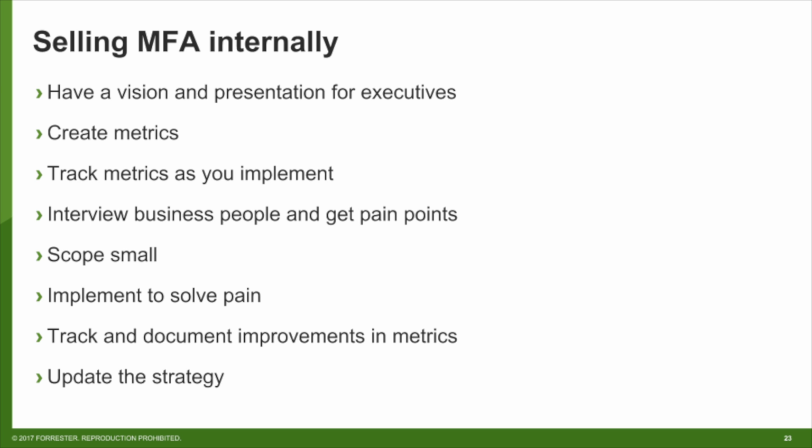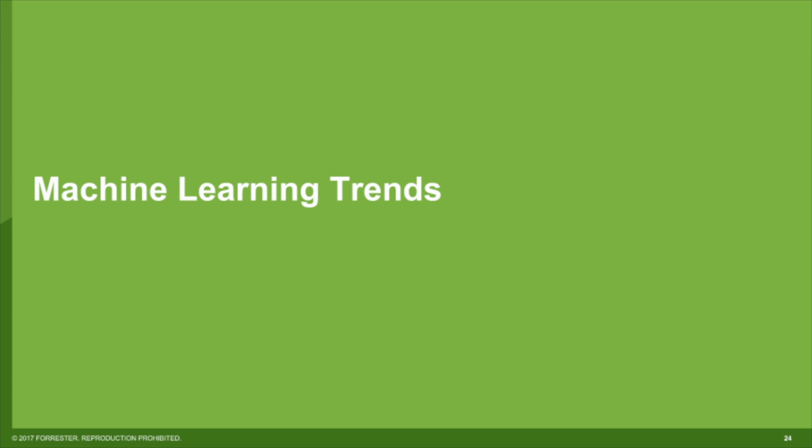So, in keeping with the theme of this webinar on machine learning, I want to just talk briefly about machine learning trends. This is a very high interest topic area across Forrester, not just in security and risk, and really no tech vendor presentation today is complete without discussion of machine learning, because this is a very key aspect for how a lot of capabilities are being delivered.